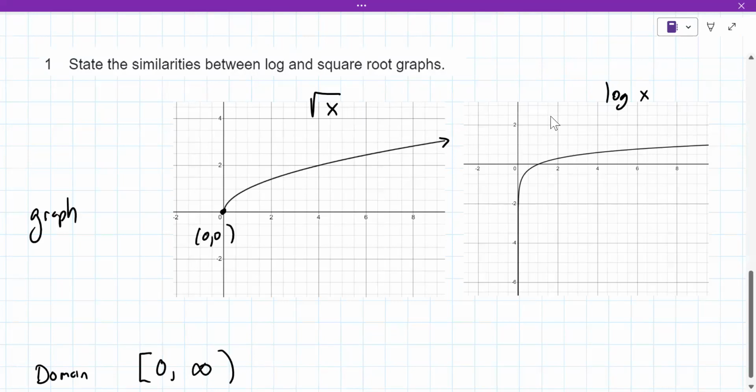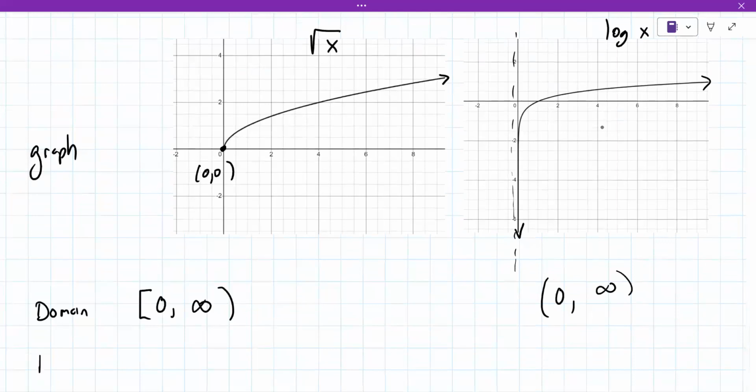Now for the log on the right here, this actually goes down forever. Negative infinity. Well, that would be for range, but for domain, the leftmost x value is 0. And how far to the right does it go, do you think? It goes infinite. Yes. Okay.